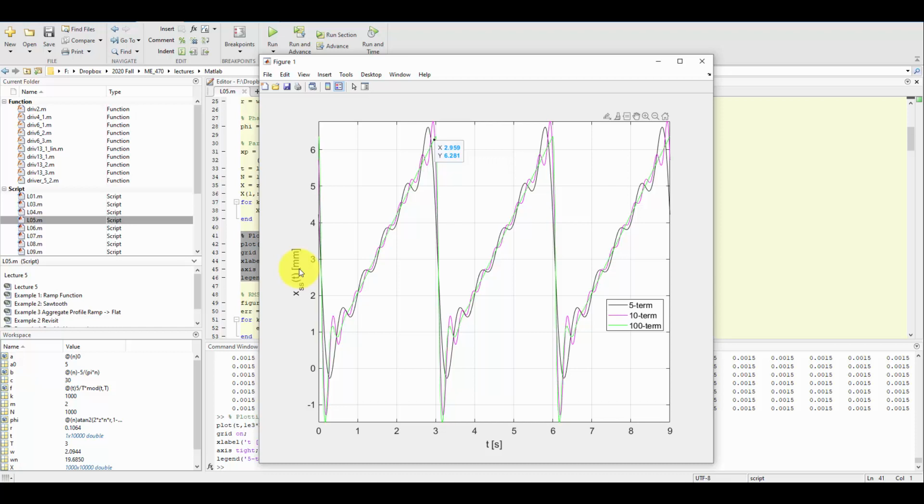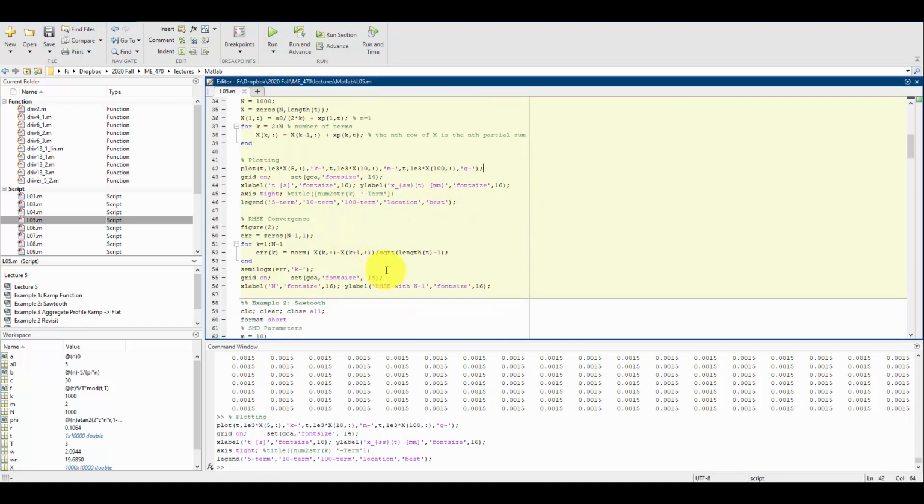But how can we know we can trust the green solution, the 100-term solution? This is where we're going to be looking at convergence. And again, I'm going to use root mean squared error as a metric to get an idea of when we have converged. Now, the downside of looking at the steady state behavior, the output of the system, is I don't know the true value here.